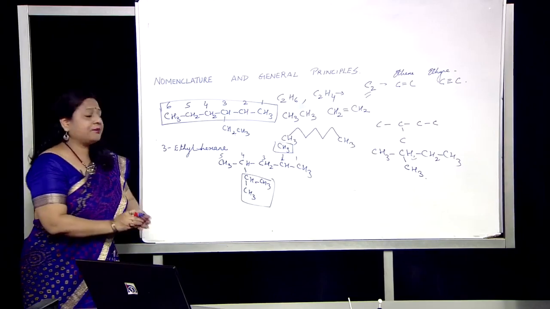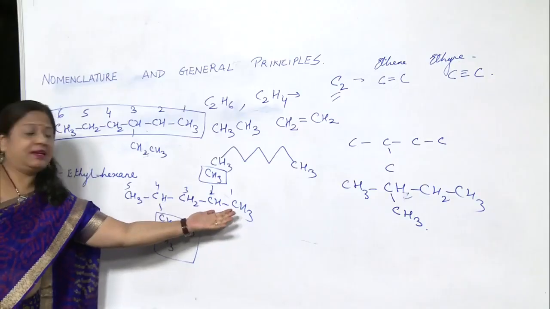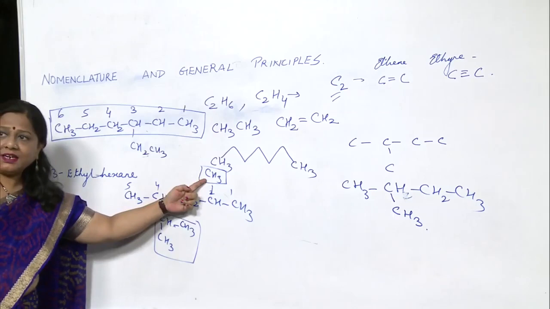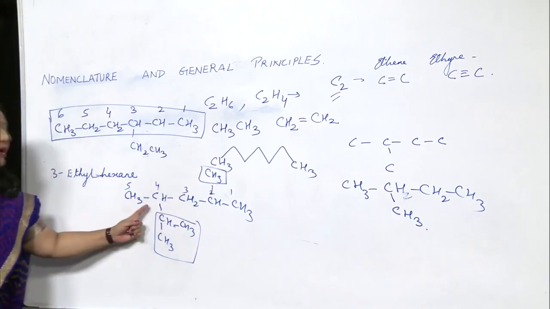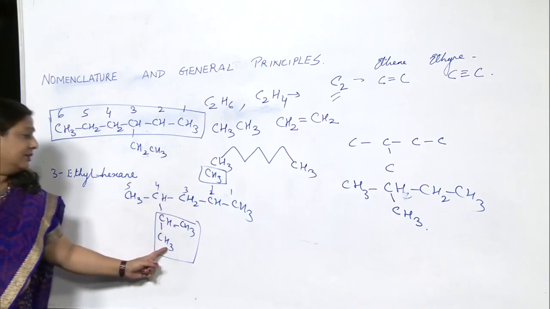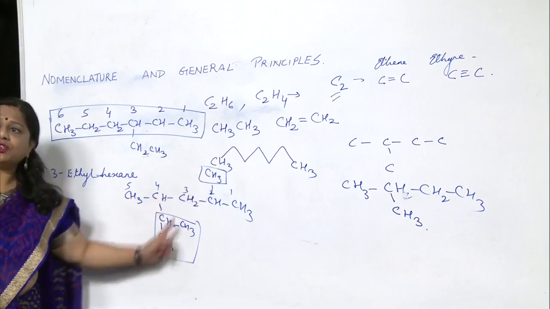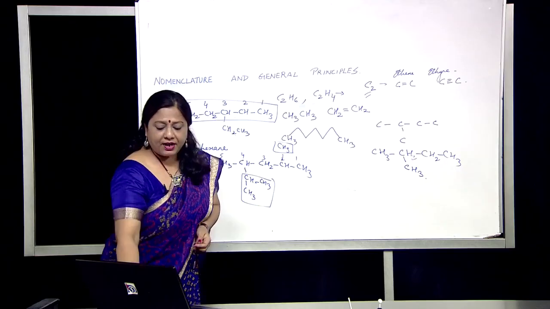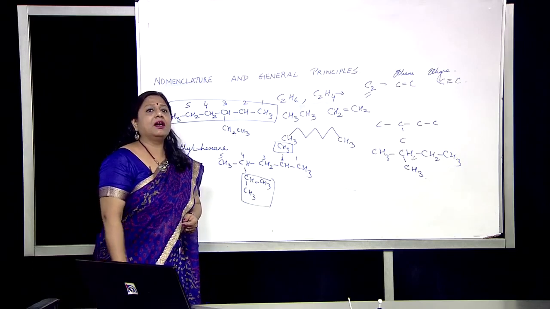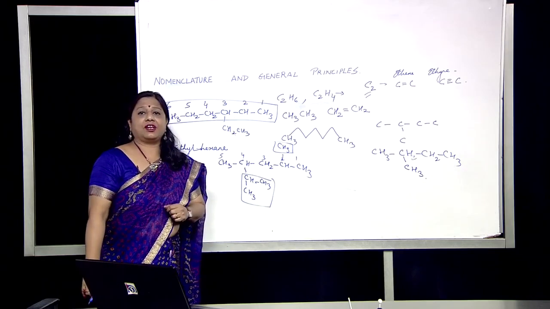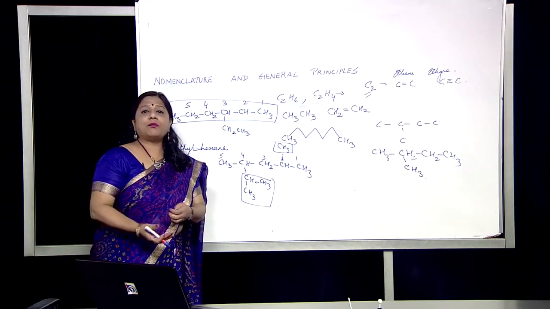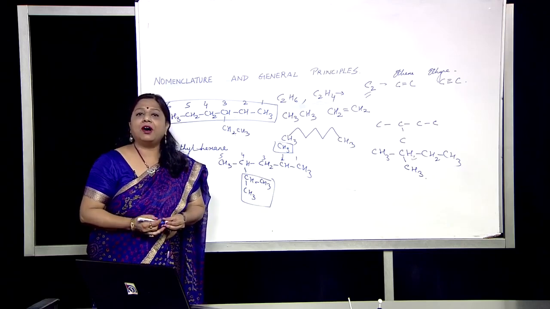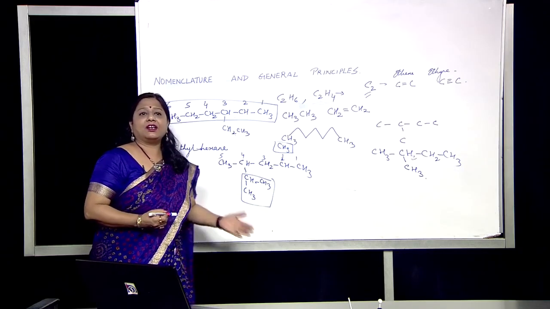If I start numbering from the right side, I have a branch at the second carbon, that is CH3, and a branch at the fourth carbon. So, there are only 2 side chains, but if I number it in a different manner, I get 3 side chains.